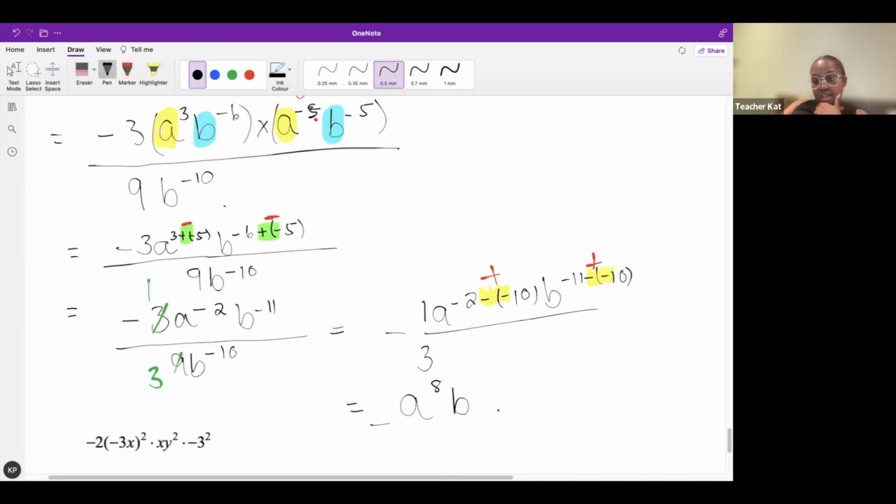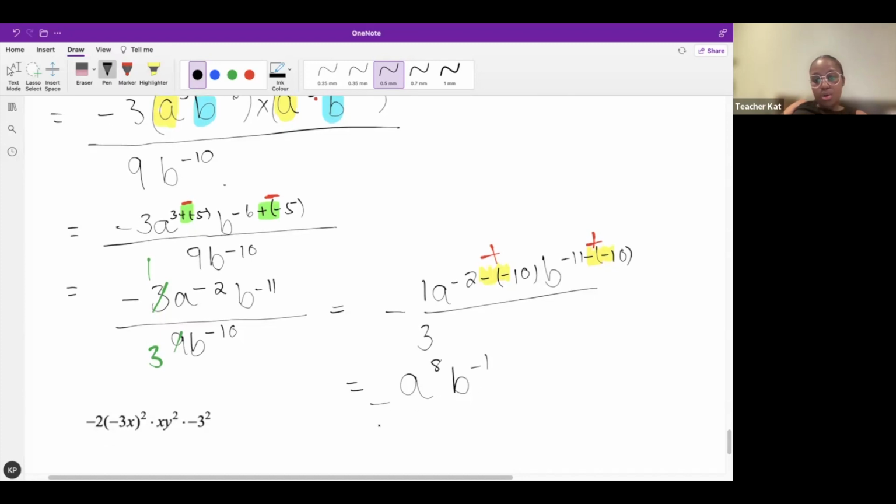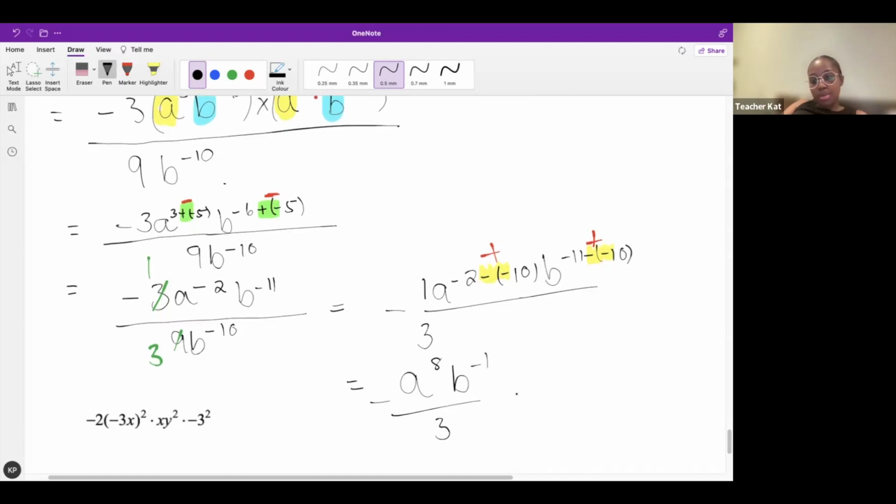And B, negative 11 plus 10, negative 1, all over 3. And for my people, it will be negative a to the power of 8 divided by 3b.